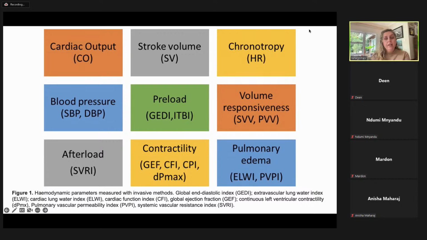If we're looking at preload on a pico, we're going to look at this thing called the GEDI, the global end diastolic index. And then fluid responsiveness, we'll look at SVV and I think it's actually PPV, pulse pressure variation and stroke volume variation.